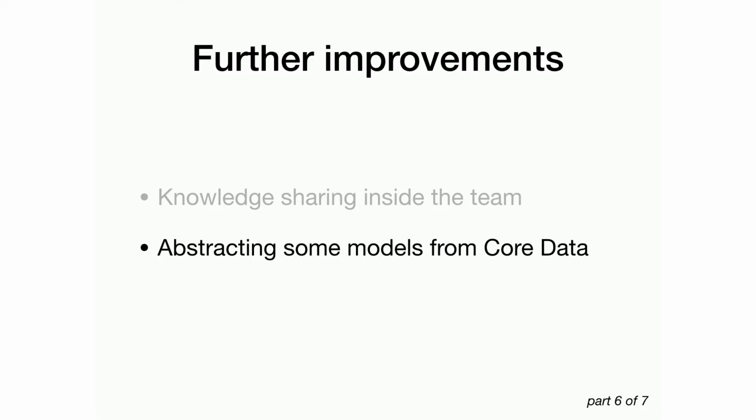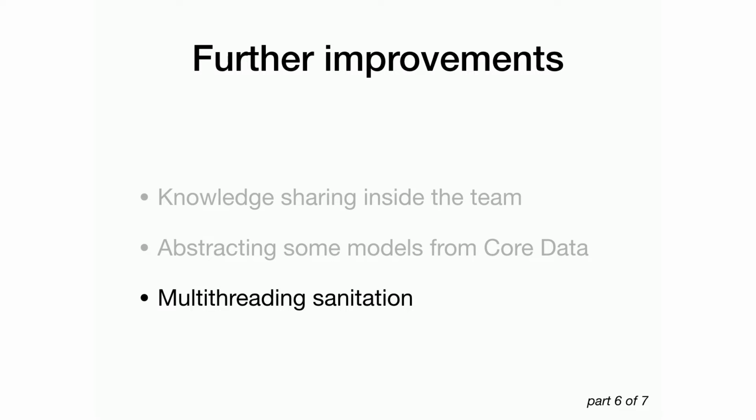But in some specific cases, when you widely use the object but you seldom change it, so you don't leverage Core Data benefits much, it might be a good idea because you get thread independency as a result of this change. And of course, we spent a lot of time killing all these multi-threading violation cases.